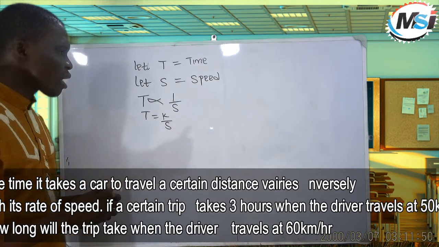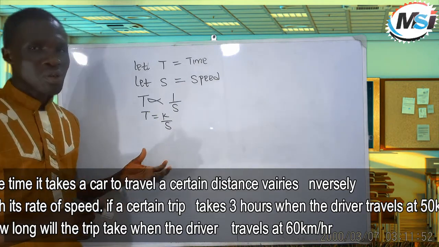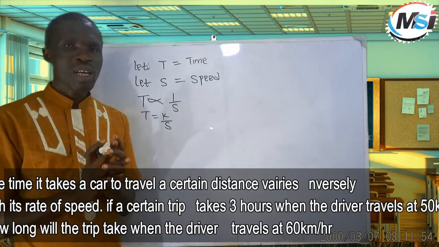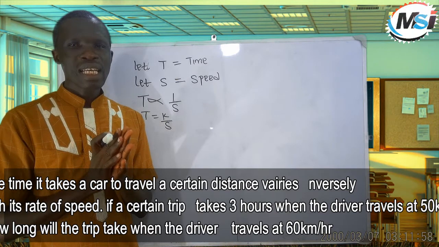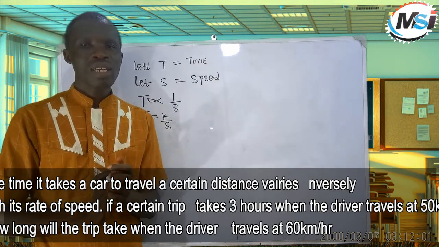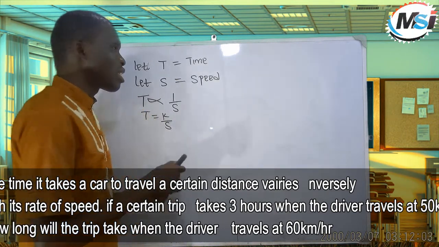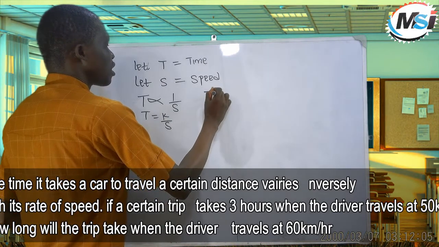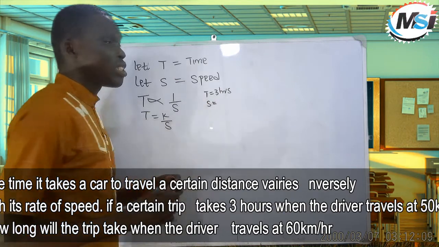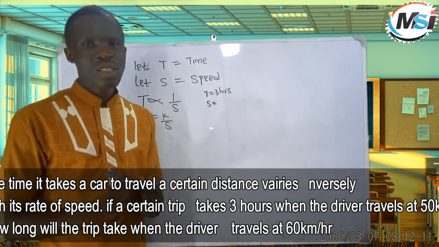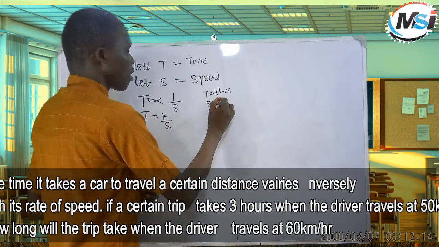Now let's go back to our question. From the question, if you look at it very well, you discover that if a certain trip takes 3 hours, that is t is 3 hours, and speed is given to us as what? 50 km/h.